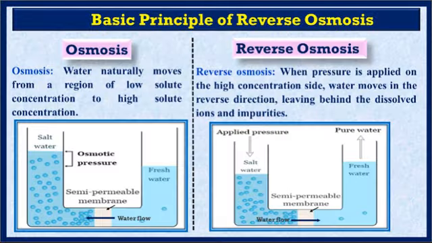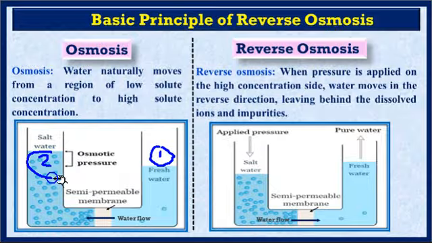Before knowing more about this process, we must know what osmosis is and what reverse osmosis is. So let us discuss osmosis. What is osmosis? When water naturally moves from a region of low solute concentration to high solute concentration, it is known as osmosis. Look here, we marked two areas, area number 1 and area number 2.